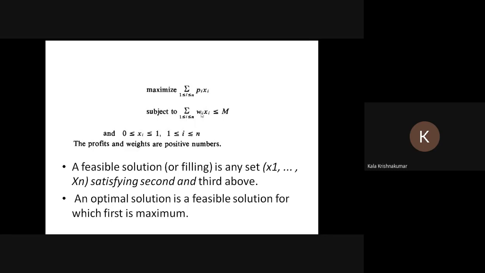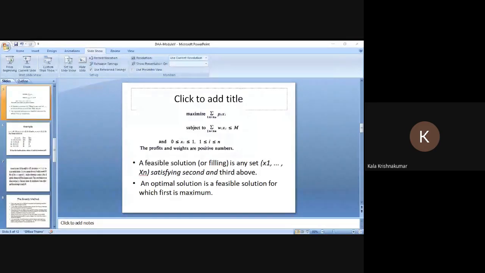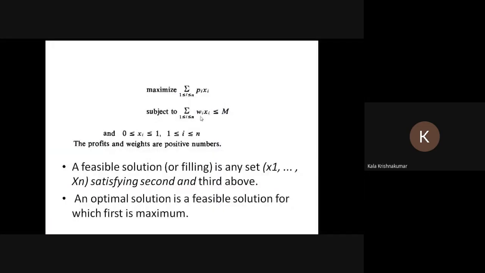Each object i has weight wi, and if we take a fraction xi of it, the weight is wi times xi. You add these for all i from 1 to n.